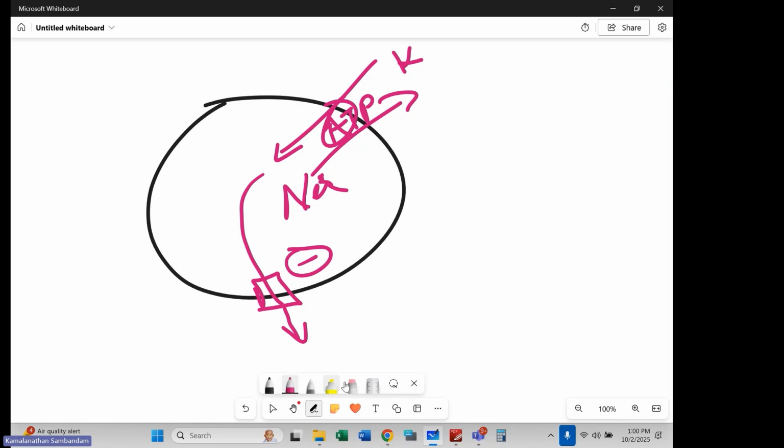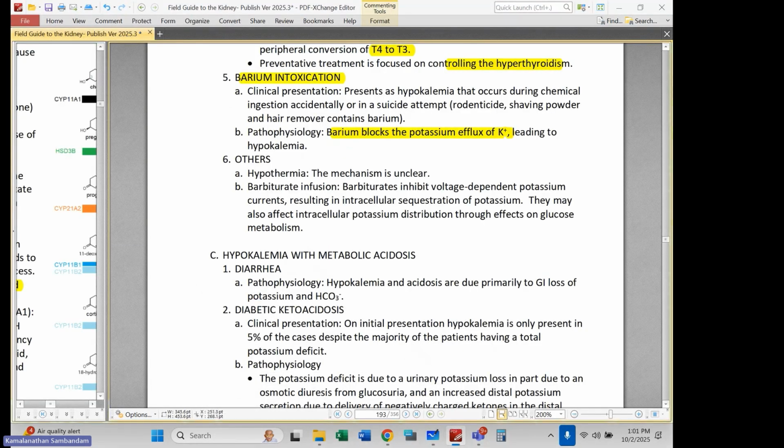It basically blocks the potassium egress here. So barium blocks these potassium channels, blocking potassium egress. The net result is going to be an essentially excess of ICF K and an ECF K that's quite low. So it's another form of transcellular shift, right?